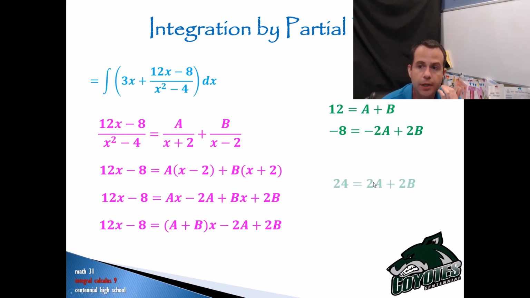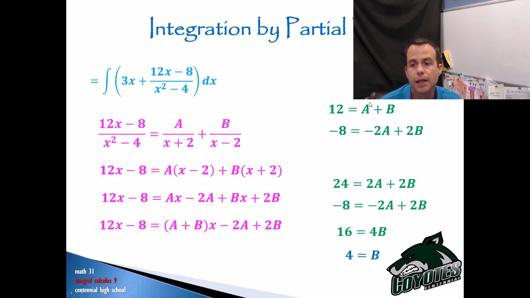It doesn't matter. I decided I was going to take the top one and multiply it by 2 so that I could eliminate. When I do that, I ended up adding them together. So 24 minus 8 is 16, and 2b and 2b is 4b. That tells me that b has to be 4. And then going back, if b is 4, a has to be 8.